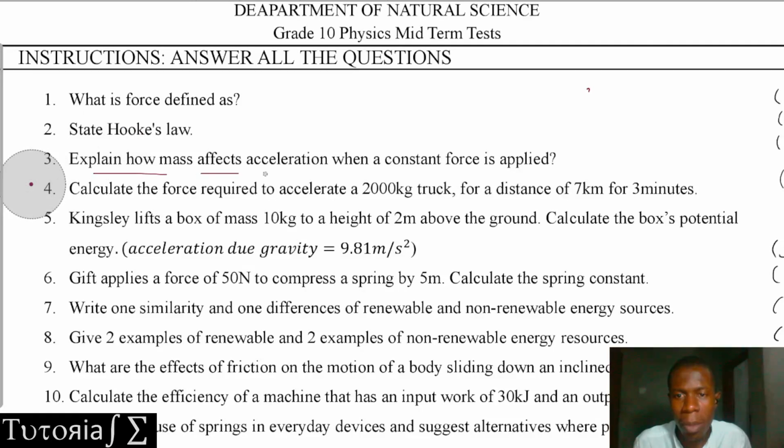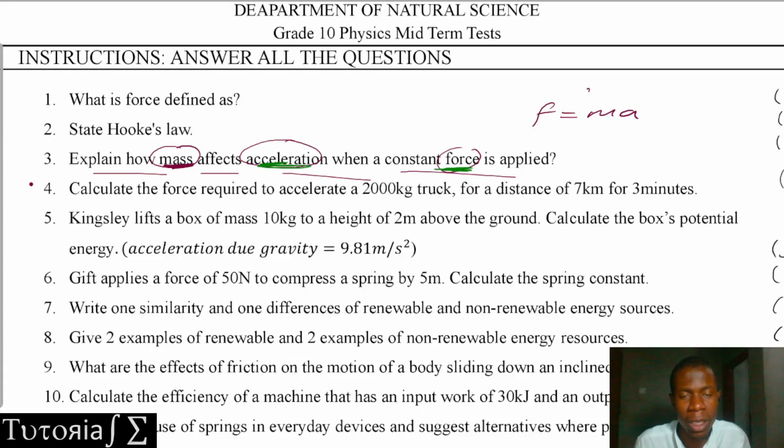Explain how mass affects the acceleration of an object. So you have 3 things there. We have mass, we have acceleration, and force. So you know that this must have been gotten from the formula force is equal to mass times acceleration. Now, how does mass affect acceleration and force?